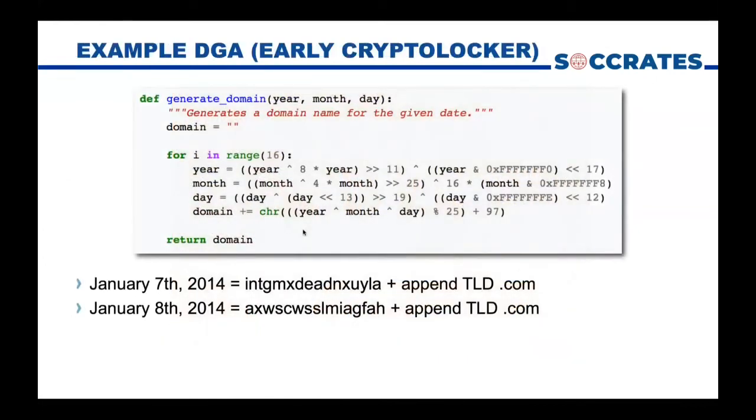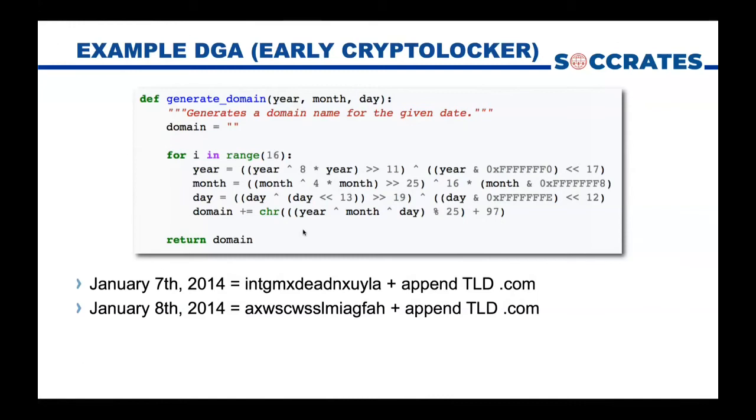So these are example DGA domains, from an early CryptoLocker, an early ransomware that has grown so prevalent today. A DGA can produce what looks like a random string, registered in different TLDs. It looks random, but it's not really random.